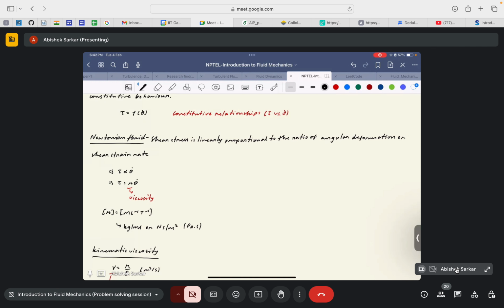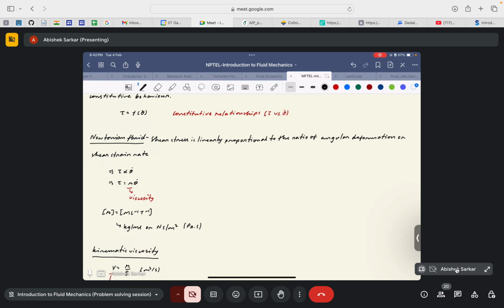So for a Newtonian fluid, the shear stress varies linearly as the shear strain rate. Since it is a proportionality symbol, we need to substitute it with an equality, so we take a constant of proportionality.